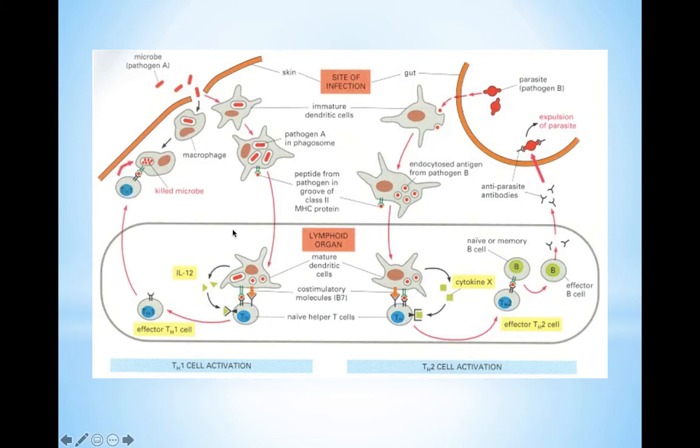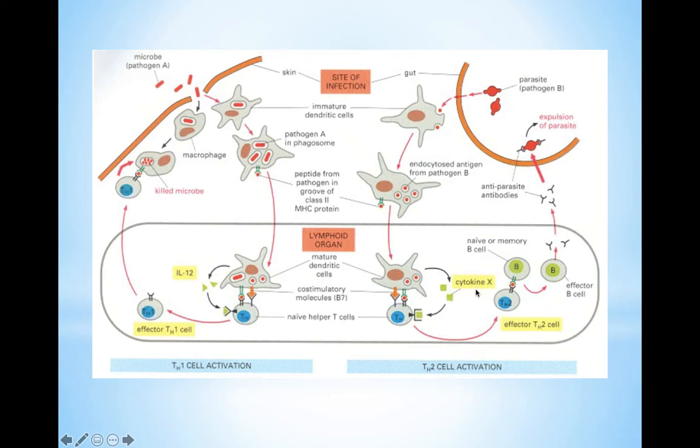So this all happens in a peripheral lymphoid organ. Mature dendritic cells, with their co-stimulatory molecules B7, can activate naive helper T cells either into effector Th1 or effector Th2. And of course, there have to be chemokines present.